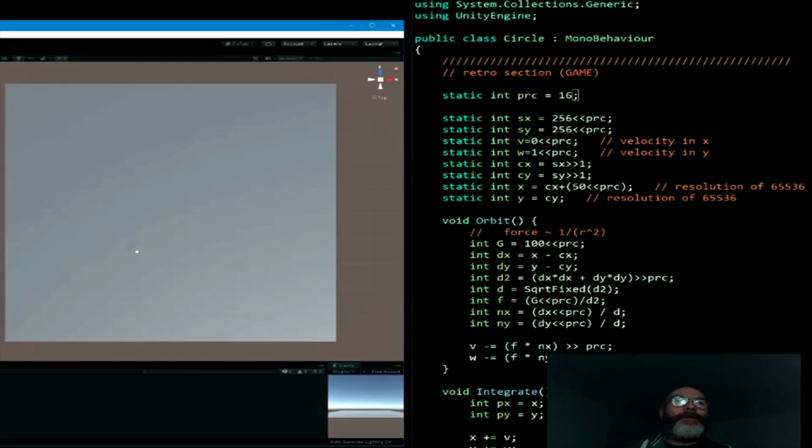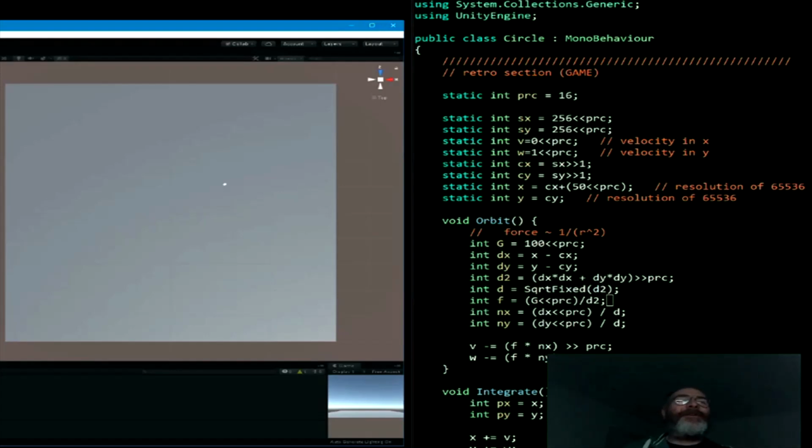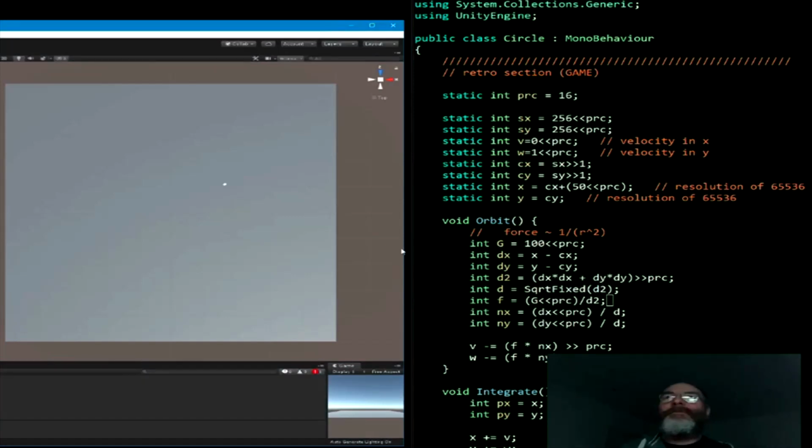Let's try this at 16 and see what we get. It's not that much better, is it? In fact, it seemed to behave exactly the same. You know why? Damn, the save didn't happen there. Should we try this again? Oh, attempt to divide by 0. That's not good.